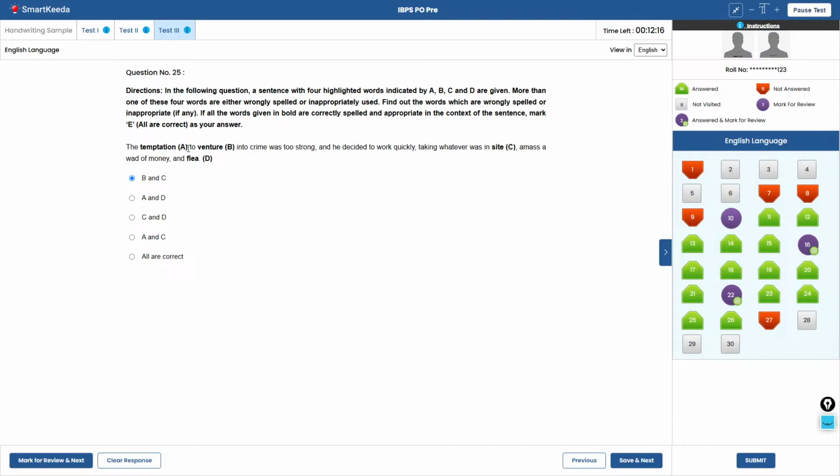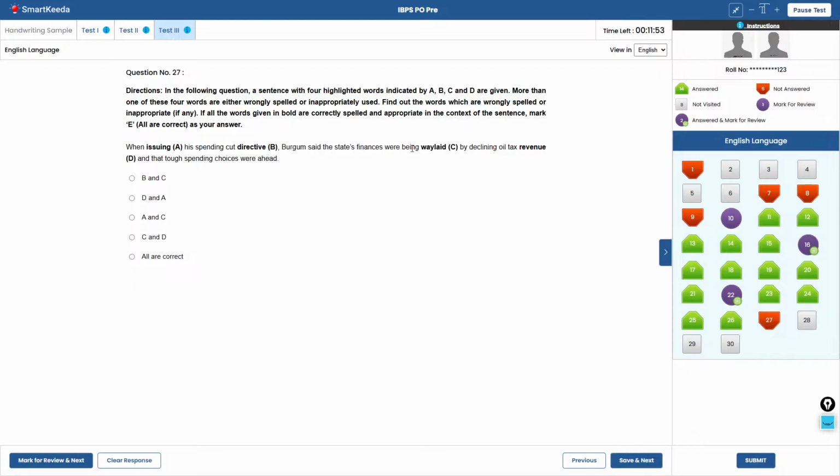Temptation, venture, site, flee. FLEA or FLEE. I think FLEE. So both are spelling-wise incorrect. C and D.